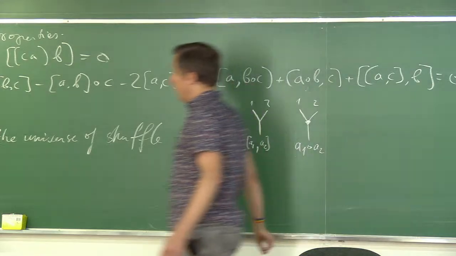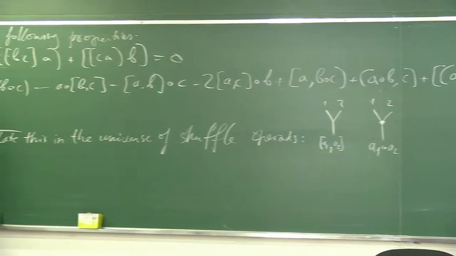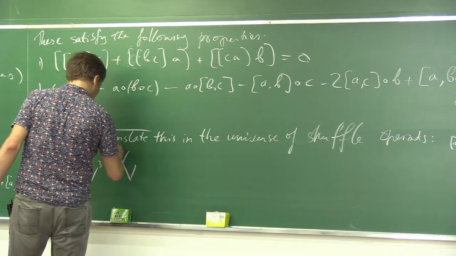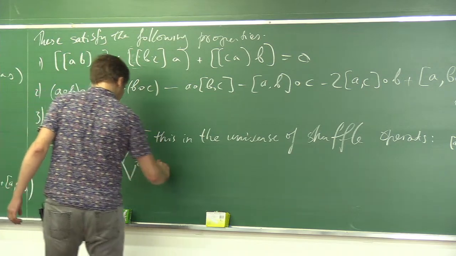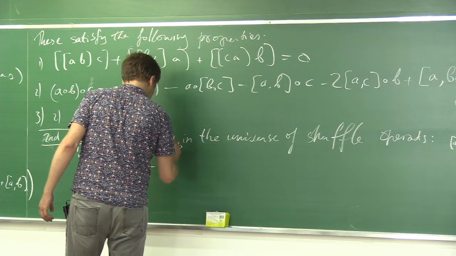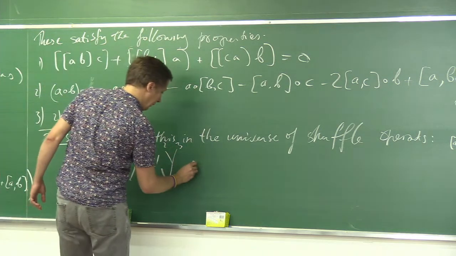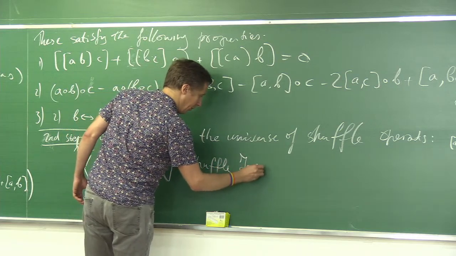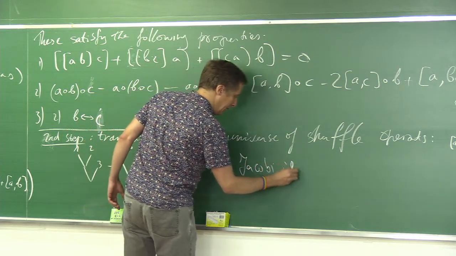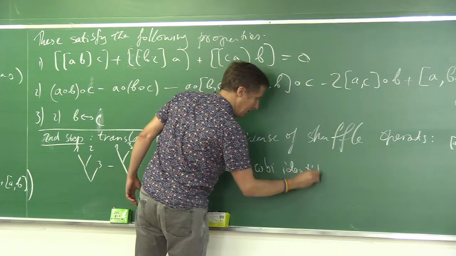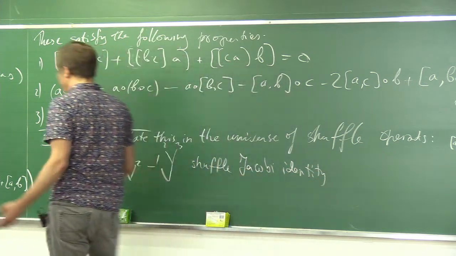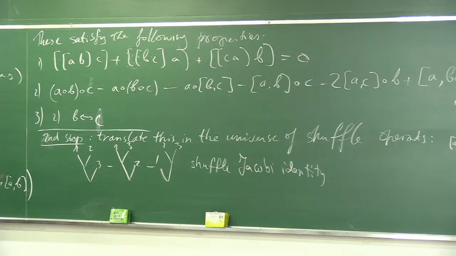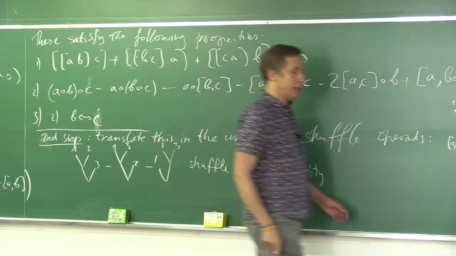So, and explain. First of all, the Jacobi identity in the shuffle world. This is the shuffle Jacobi identity. And I remind you that for shuffle trees, I already immediately made some changes.